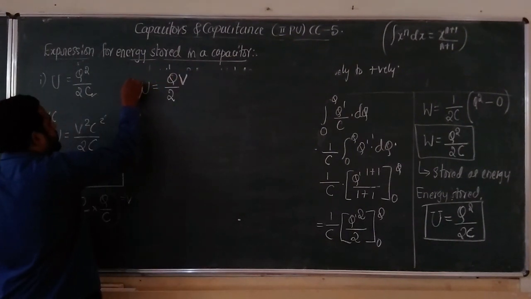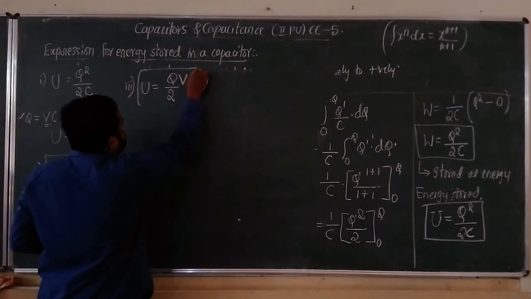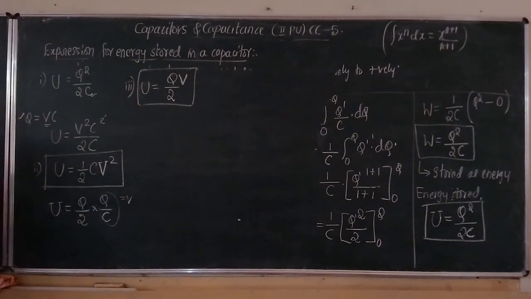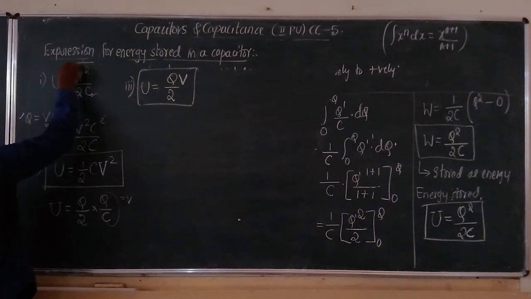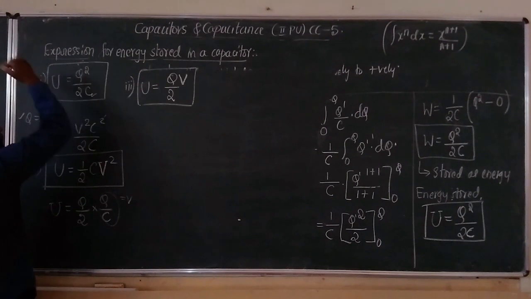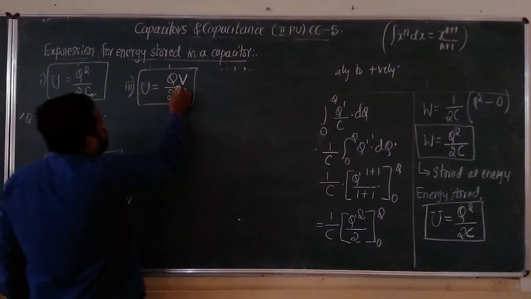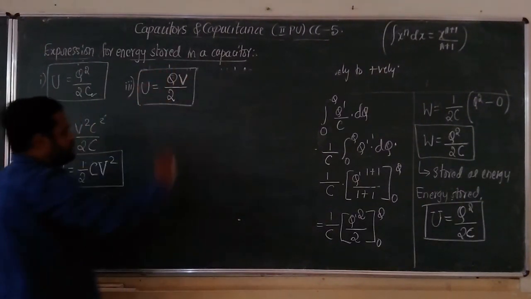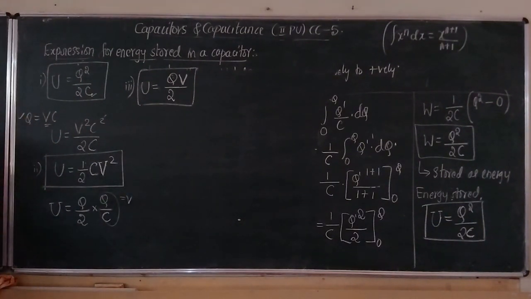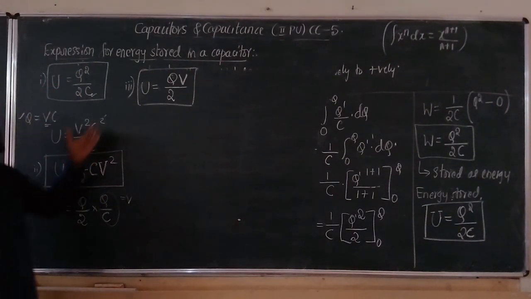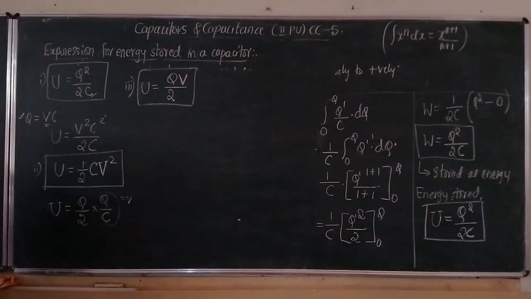This is the third form of the equation. So 3 equations: Q square divided by 2C, in terms of charge and capacitance; U is equal to half CV square, in terms of capacitance and potential difference; and QV divided by 2, in terms of charge and potential difference across the capacitor. So 3 different expressions for energy stored in a capacitor, important equations.